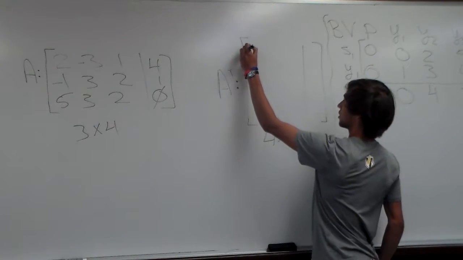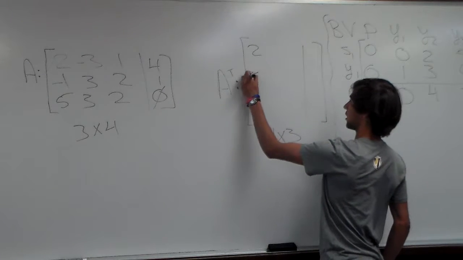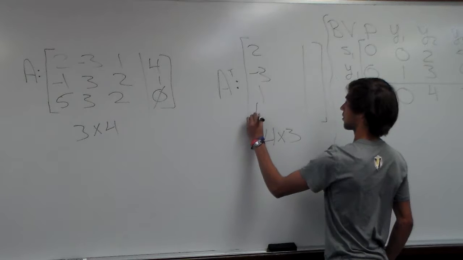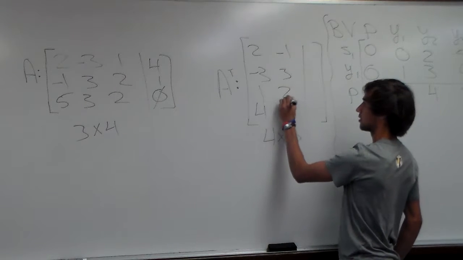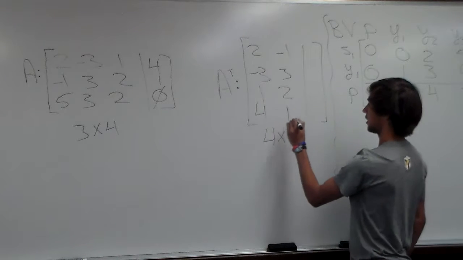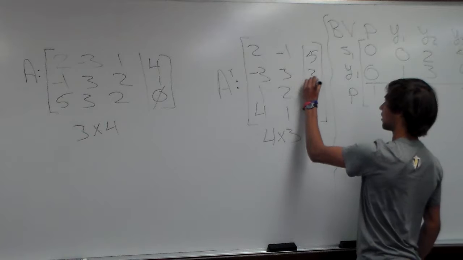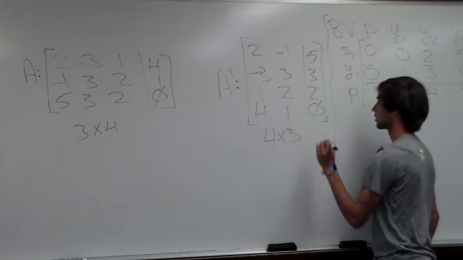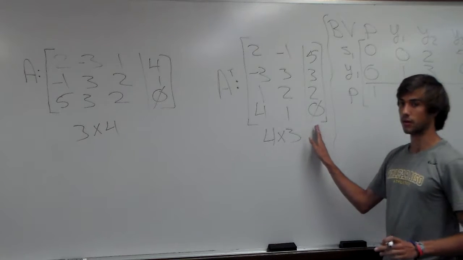So I'd like to just start by taking the first row and writing it as the first column. And then the second row as the second column. And finally, our final row is going to be our final column. And again, we're going to keep our placeholder here. This is not 0 again.